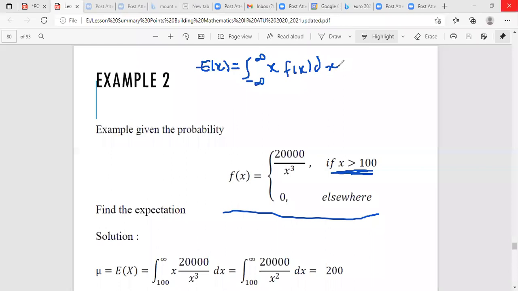That gives us the expectation of the process.